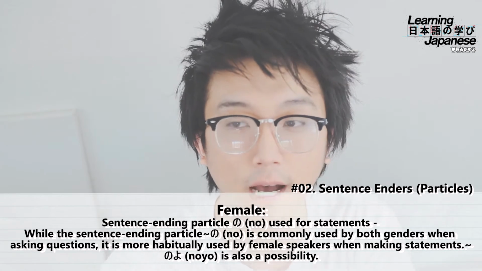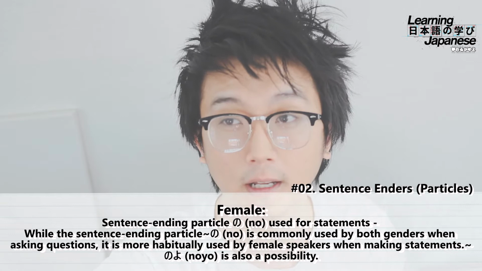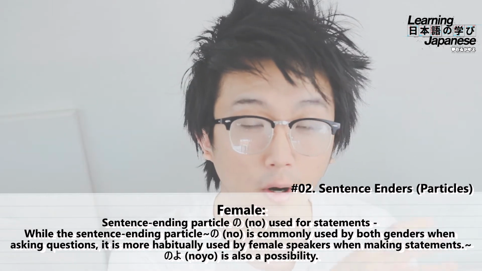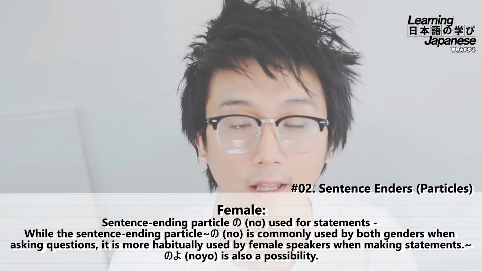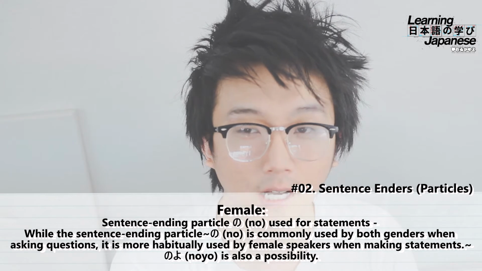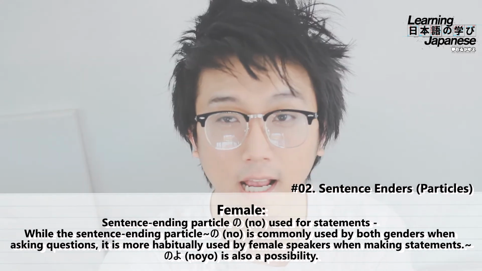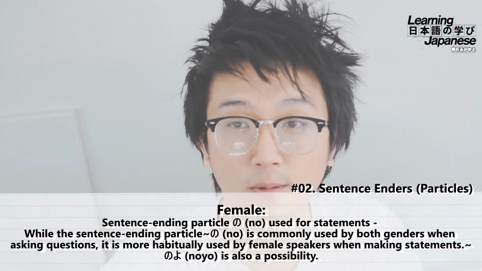I do want to note, on the topic of what we were saying about how it's much more common in fictional media, anime and drama and stuff like that, the particles wa and kashira are probably more representative of that. Those ones are pretty emphatic of an old school female touch to their words, and I can't really say you'll see that as commonly in real life conversation as the particle no, which is much more modern.